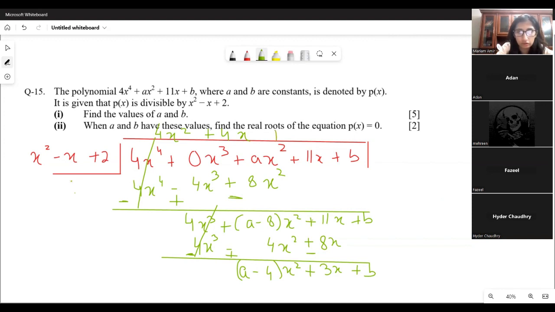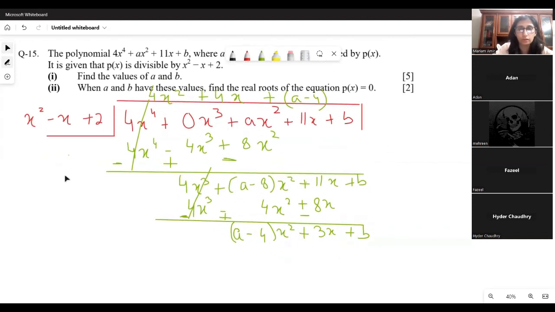So the next expression in the quotient is going to be a minus 4. So that's going to be a minus 4 x square minus a minus 4 x plus 2 times a minus 4.